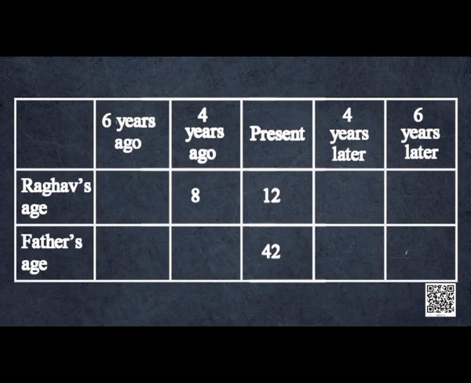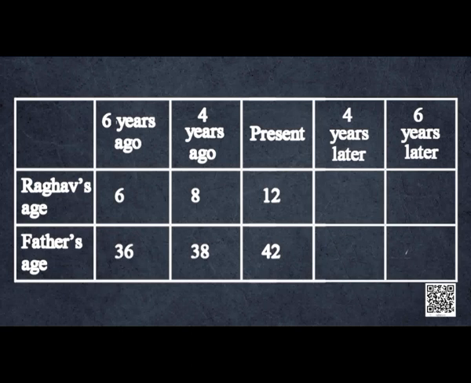His father's age 4 years ago will be 42 minus 4, which is equal to 38 years. In the same way, we can find out their ages 6 years ago. Raghav's age was 6 years and his father's age was 36 years, which we obtained by subtracting 6 from their present age.